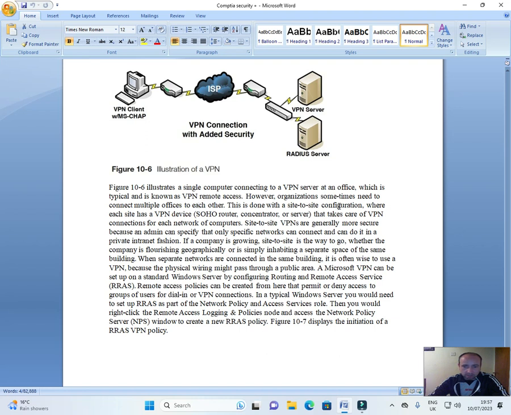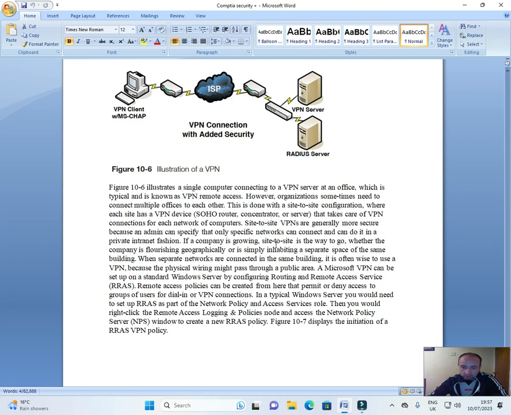However, organizations sometimes need to connect multiple offices to each other. This is done with a site-to-site configuration where each site has a VPN device, SOHO router, concentrator or server that takes care of VPN connections for each network of computers. Site-to-site VPNs are generally more secure because an admin can specify that only specific networks can connect and can do it in a private intranet fashion.